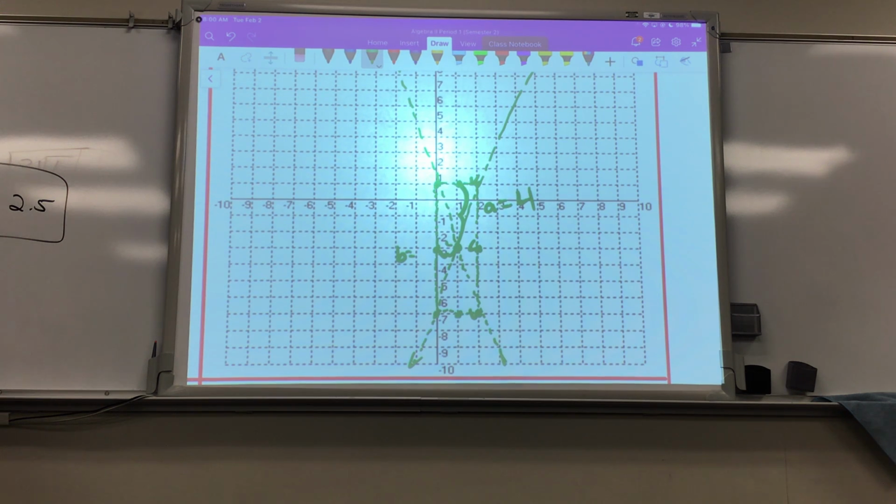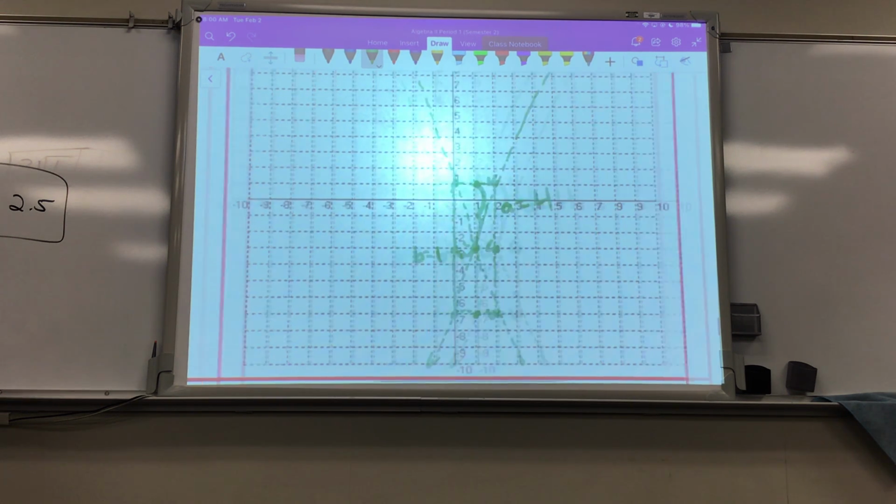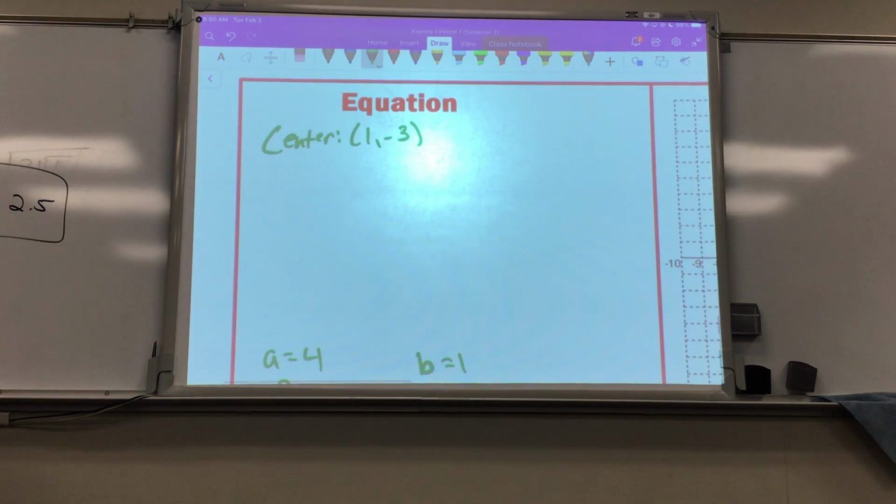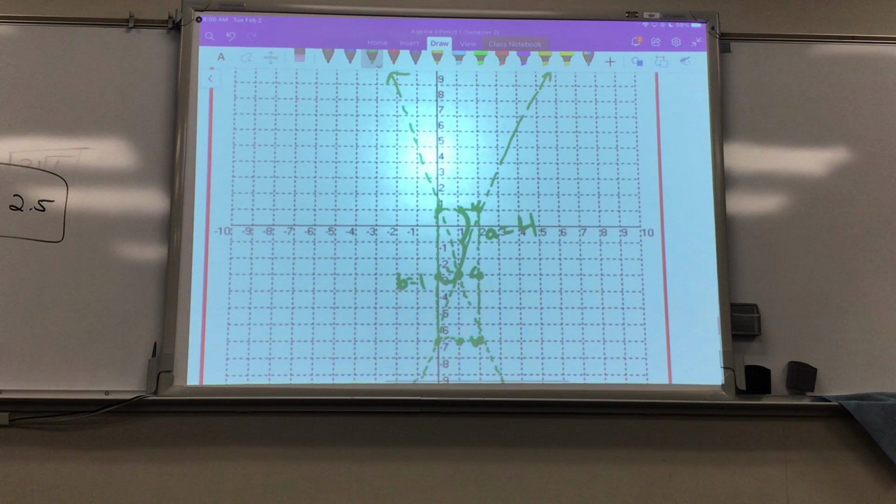Alex? 1. Do I need to worry about C in this case? I already got A and B, don't I? Okay. So the last thing we need to figure out, which way is it going to open?